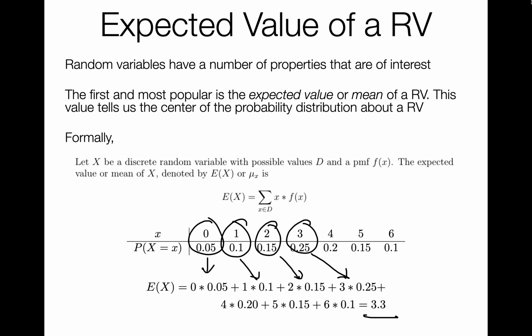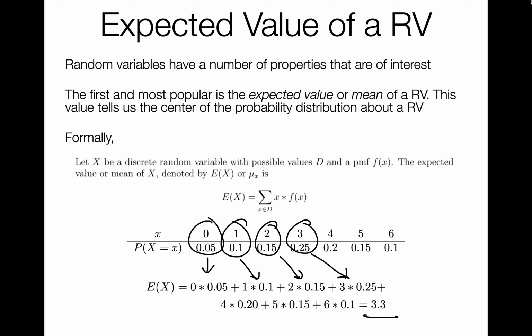Great. So remember, in this problem, the Shippensburg Math Department has a computer lab, has 6 different computers in it, and let X represent the number of computers that are taken or are in use. And so what this says is that on average, around 3.3 computers are going to be in use.